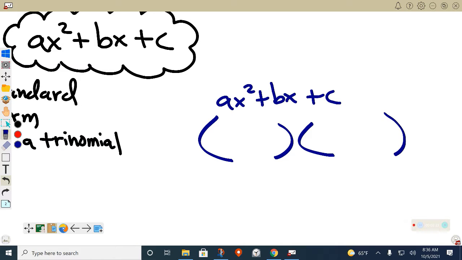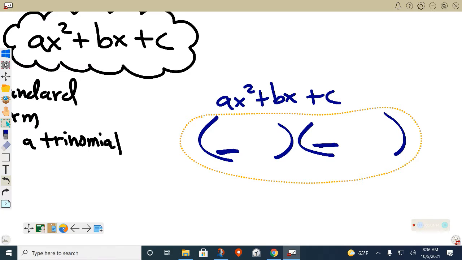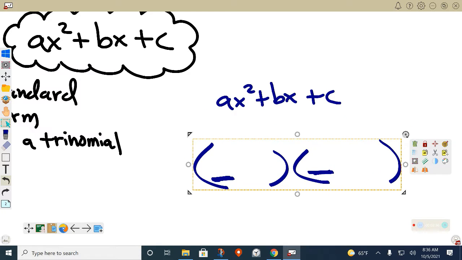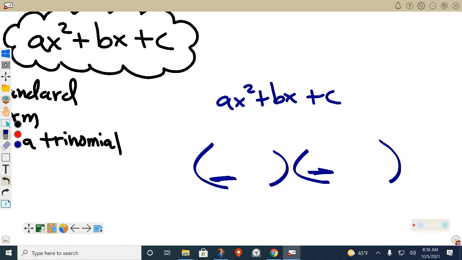These two terms, the first two terms, multiply to become your ax squared. So I'll put a question mark here and a question mark here. Those two terms have to multiply. The first terms become the ax squared. Those are your firsts.